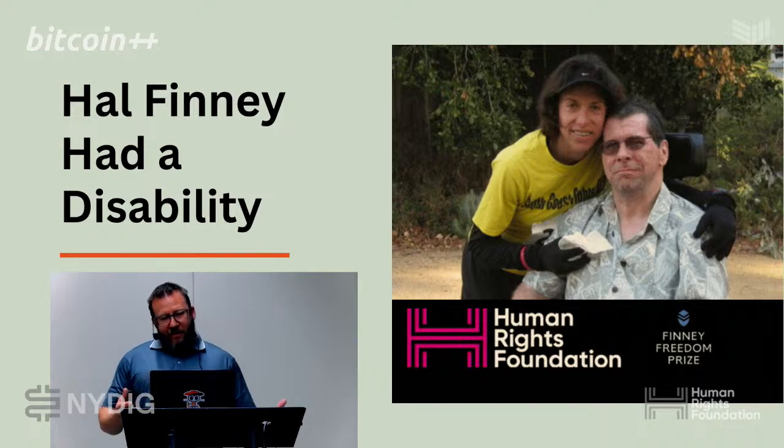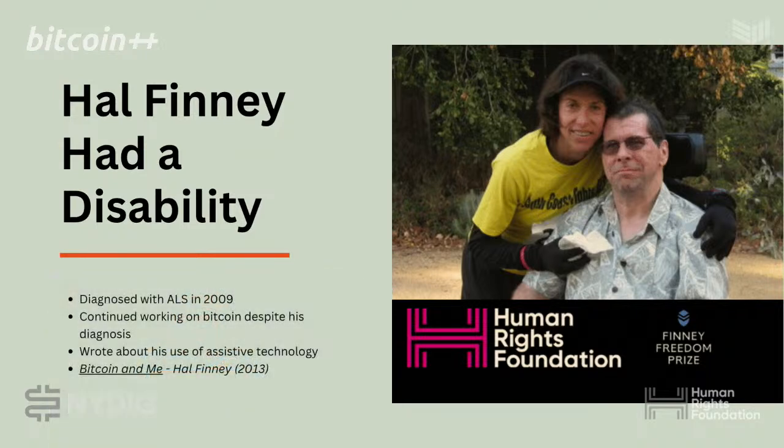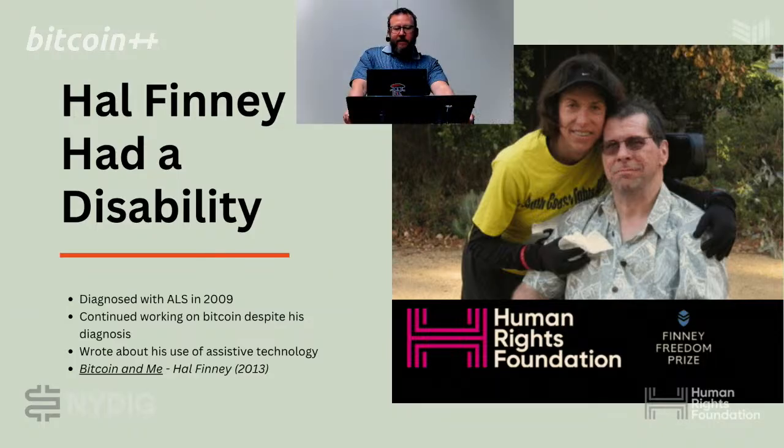Another reason that we should care about accessibility in Bitcoin is that Hal Finney had a disability. He was diagnosed with amyotrophic lateral sclerosis in 2009. This is a progressive neuromotor disability, and it's ultimately fatal. He was diagnosed shortly after receiving the first Bitcoin transaction, but he continued working on Bitcoin despite his diagnosis.